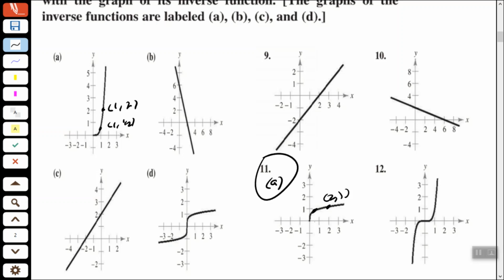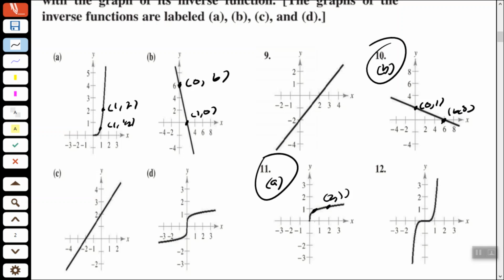Now B, we have (1, 0) and (0, 6). So we want to go back over to the graphs and find the graph that has the point (6, 0) and (0, 1). Here on number 10 I see (6, 0) and (0, 1). So number 10 and letter B are inverses of each other.